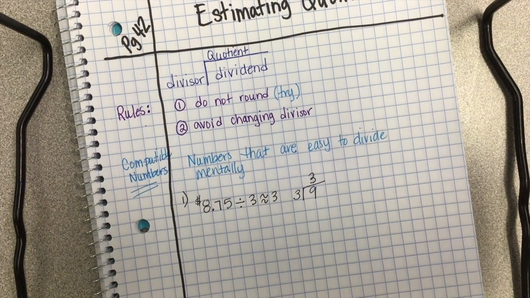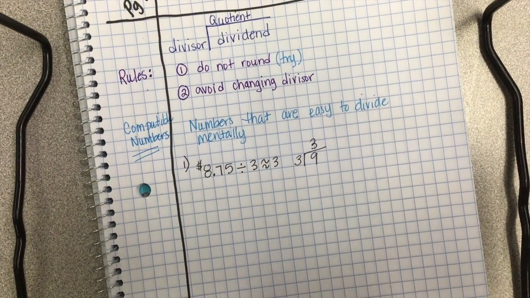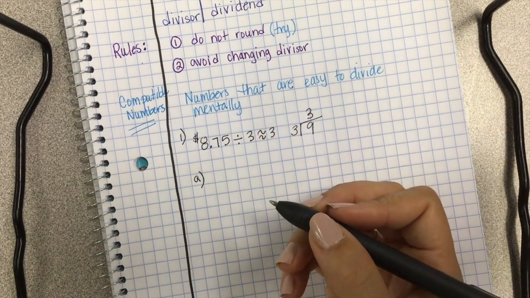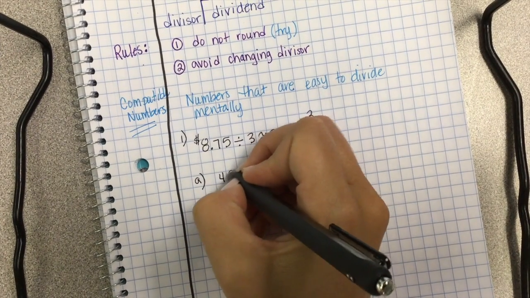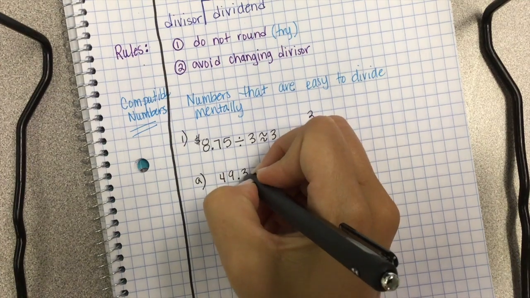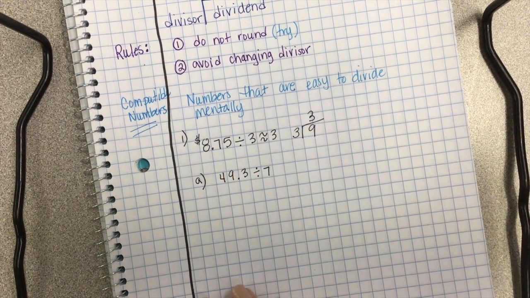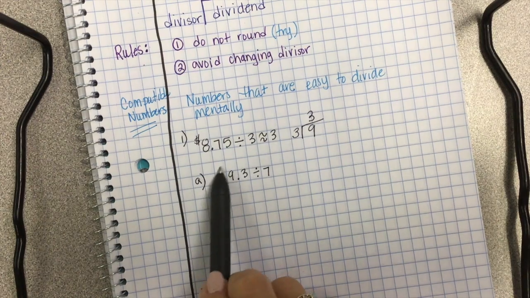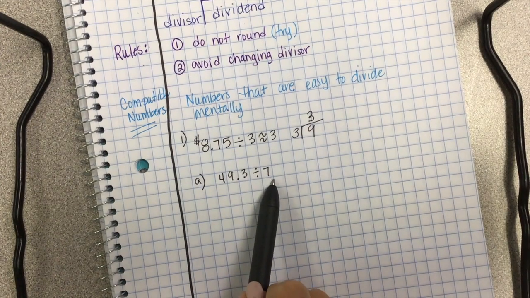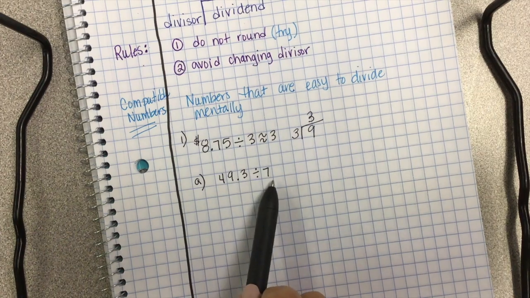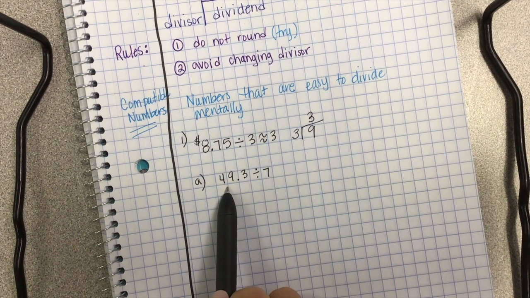Okay, so let's go down and move to check your progress A. We have 49 and 3/10 divided by 7. So what I need to do is change this number to be compatible with our divisor. Are you guys noticing that 7 can easily go into 49?